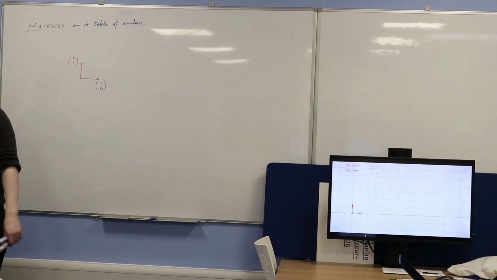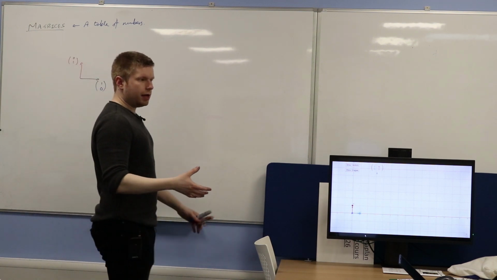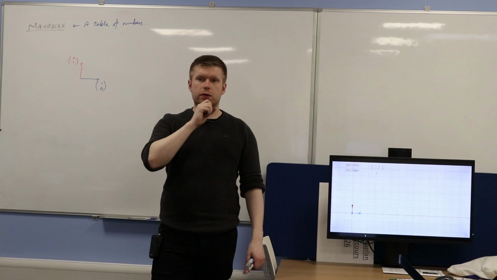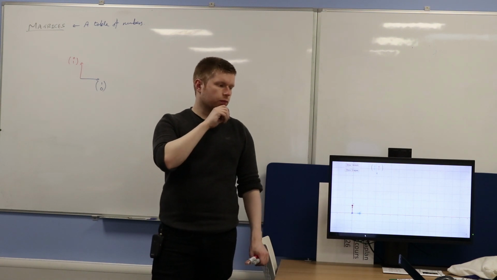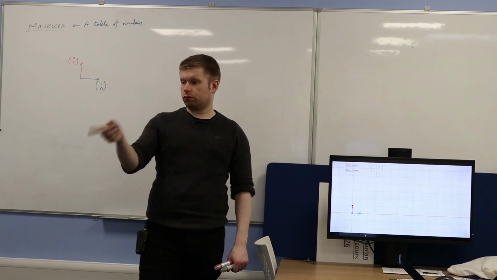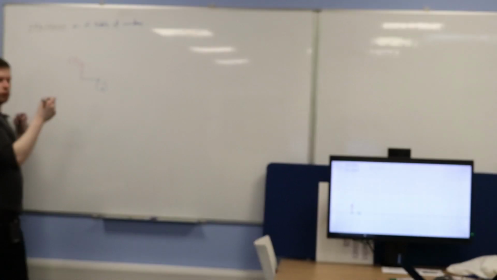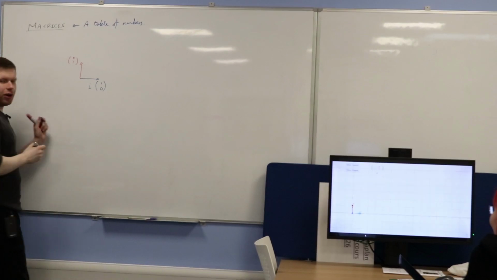Now, we did this when we were doing vectors. Does anybody recognise what those vectors are? We gave them a special name. They're really useful. Unit vector. So the blue one would be called, what letter do we give that? I. It was I, wasn't it?